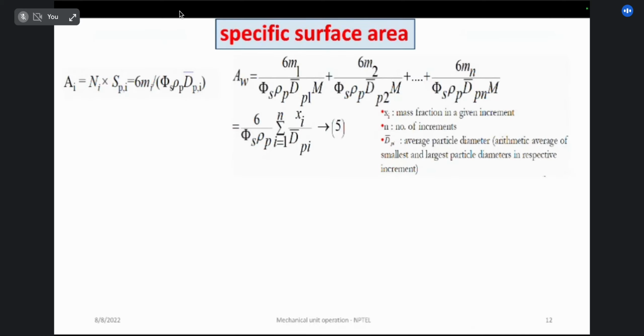Now as discussed in the second week lectures, there are many different formulas for specific surface area and particle diameter. When we talk about the uniform mixture, we don't need different values of diameter and density; the density must be the same, but there are different values of diameter and mass fractions.